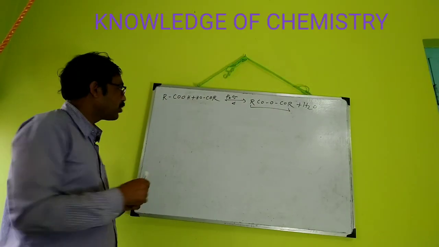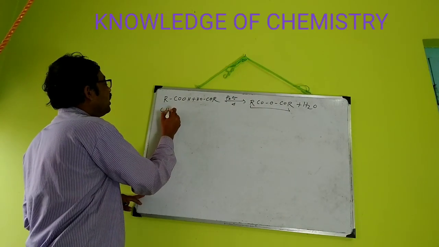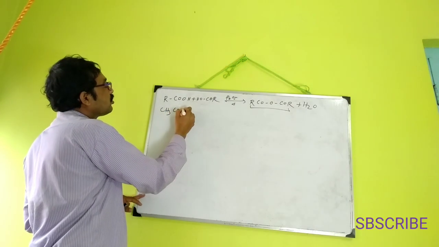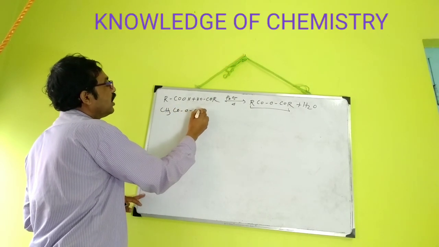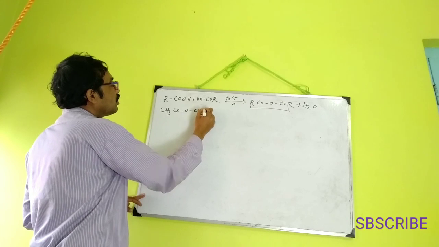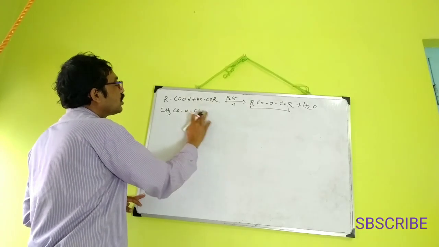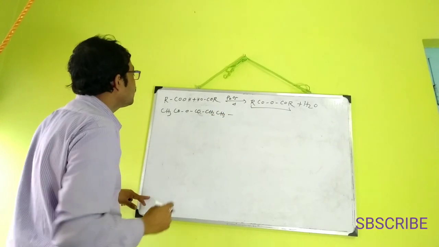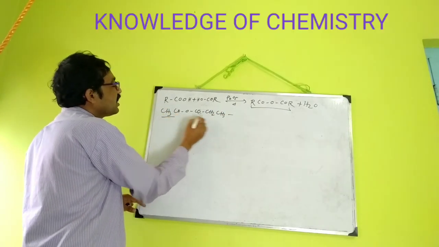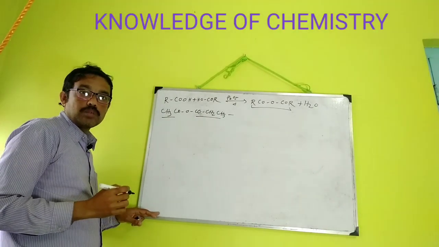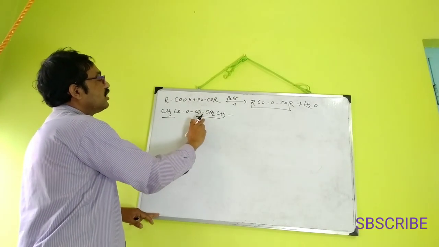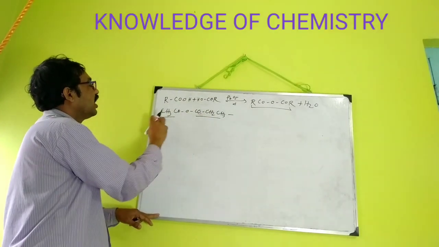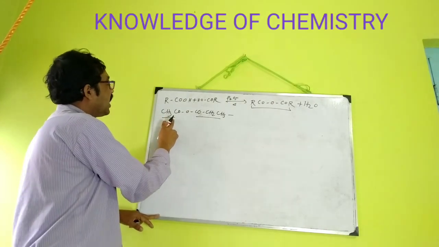As for example, CH3CO-O-COCH2CH3. This group is obtained from acetic acid and this group from propionic acid.